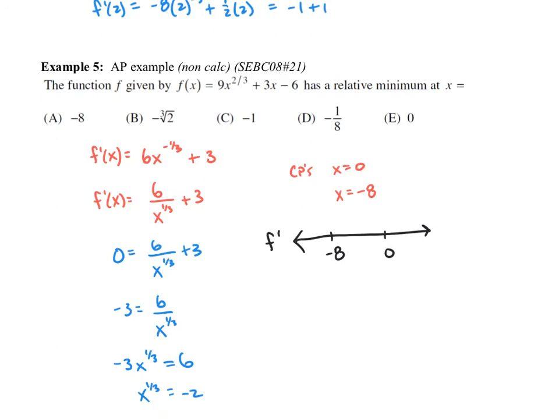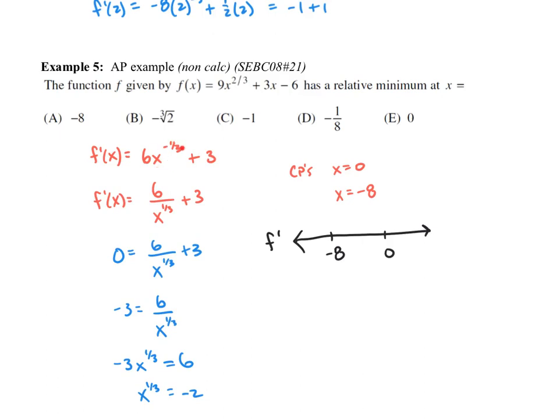If you were to test something to the left of -8, you could pick, for instance, -27, just because when you plug it in, you are taking the 1/3 power, which is possible for -27. Either way, we're plugging this into our derivative.